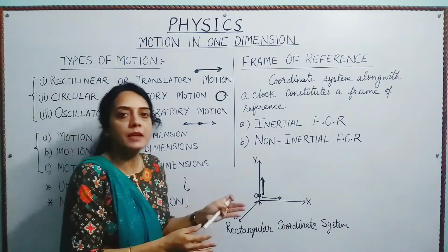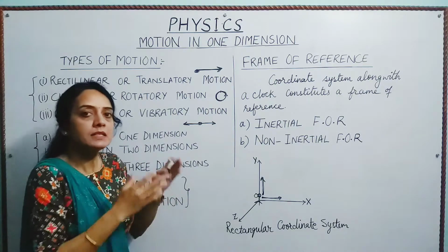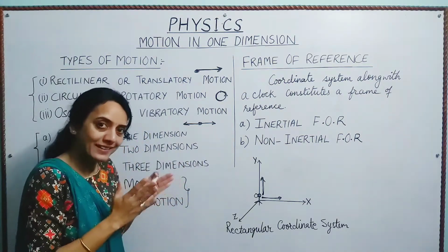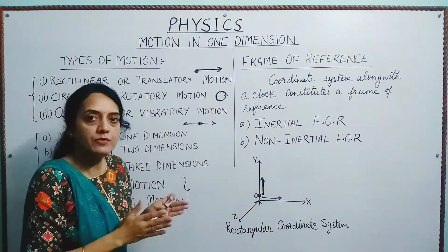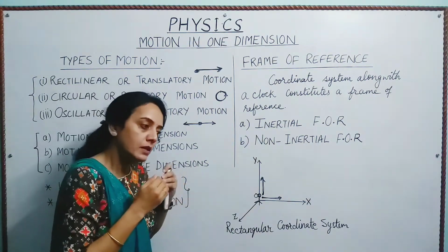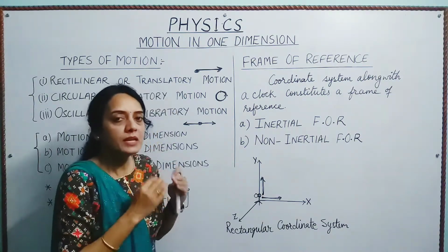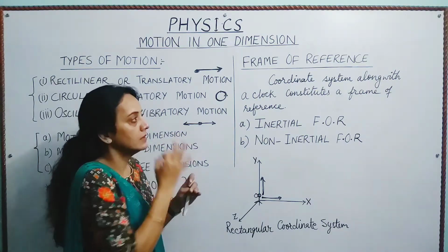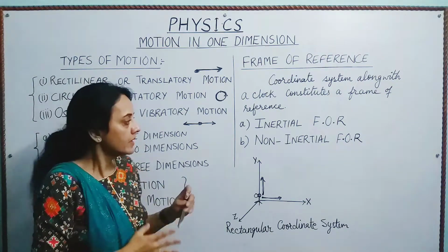For example, a man sitting inside a bus, either when the bus is at rest, then also this system is an inertial frame of reference, and when this bus is moving with a uniform speed, then also we can say that the observer sitting inside the bus is constituting the inertial frame of reference.